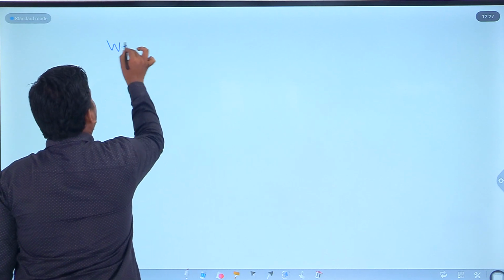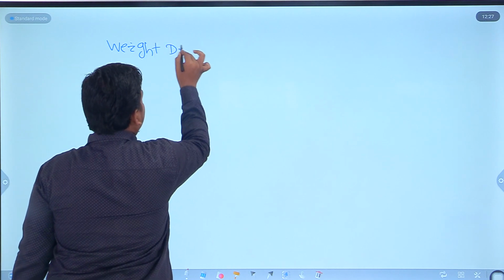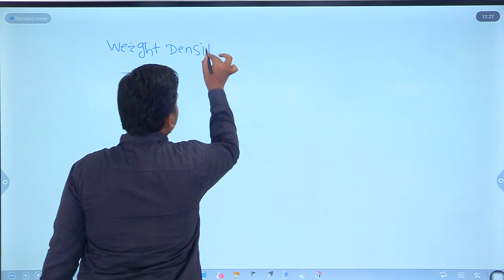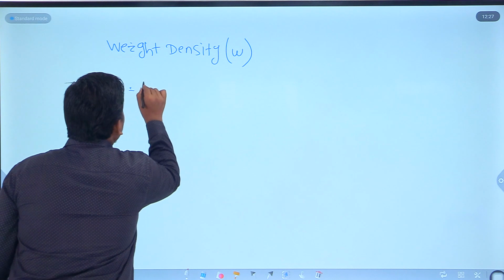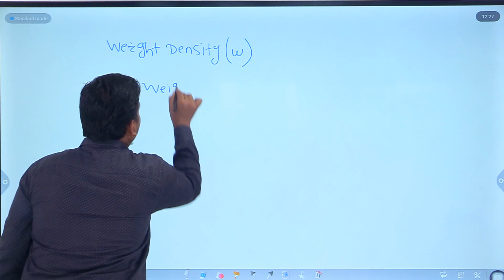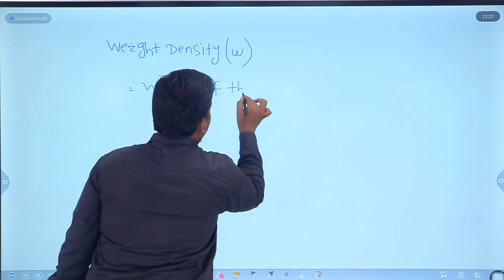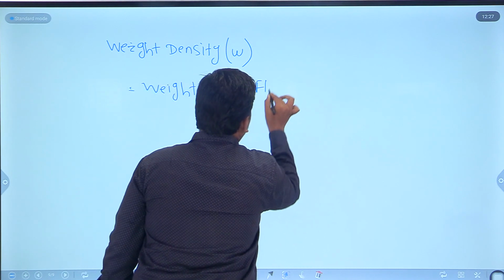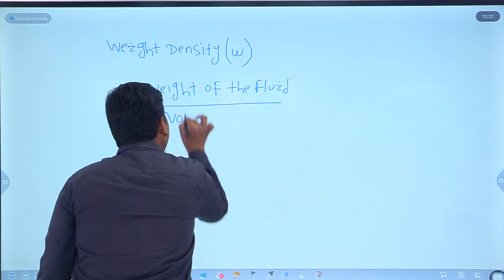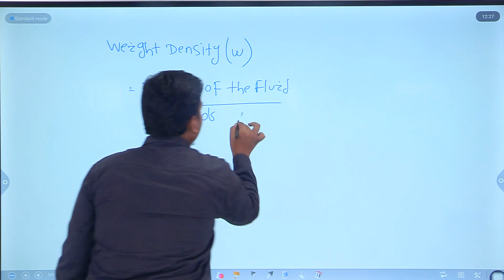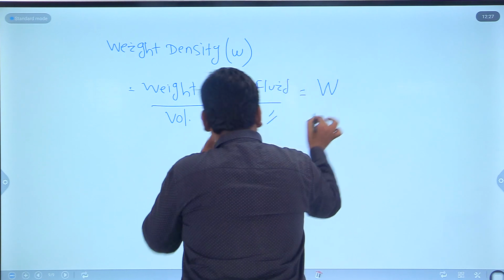Then comes weight density, known as small w. It is the ratio between the weight of the fluid to the volume of the fluid. Weight is W, volume is v.